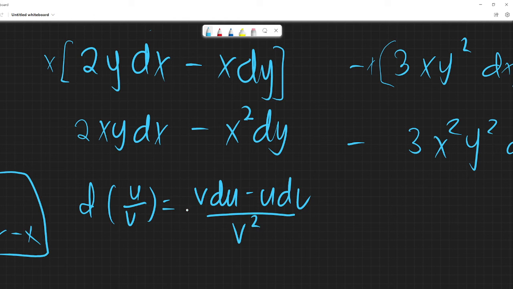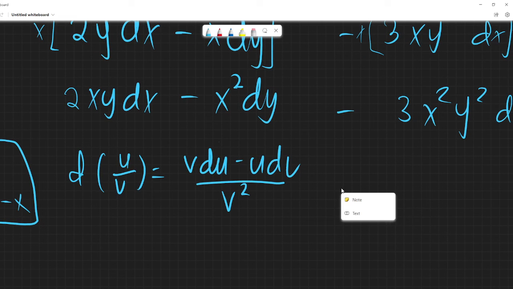So some students say that it is low d high, high d low, over low low. It just means that low is the denominator, and high is the numerator. That is what I was trying to do.